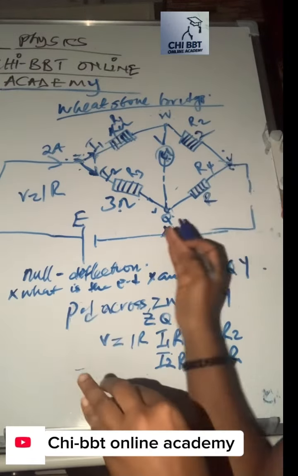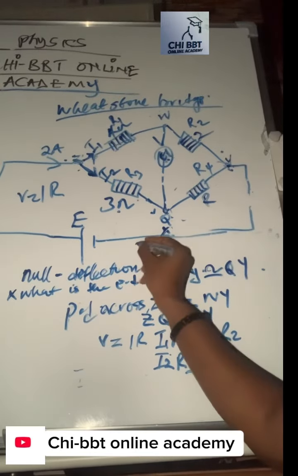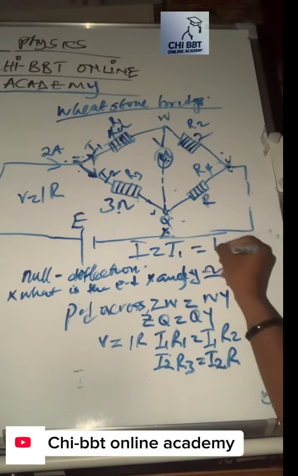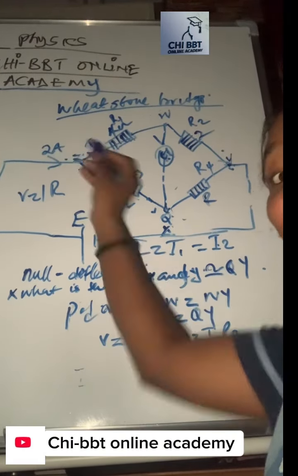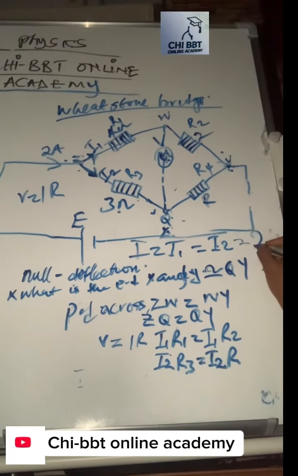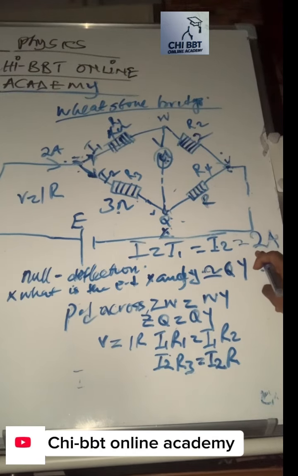It's null. So since the galvanometer is null, the current flowing through them will be equal. That means I equals I1 equals I2. So I is the 2A that is present. The current is common, 2A.